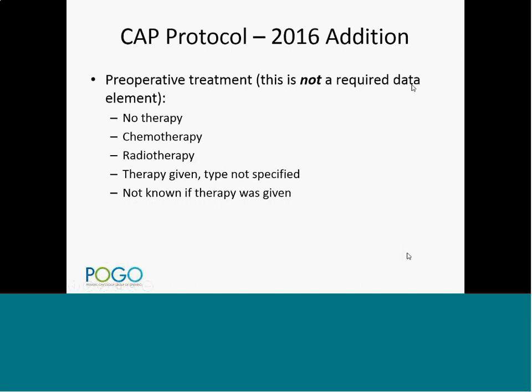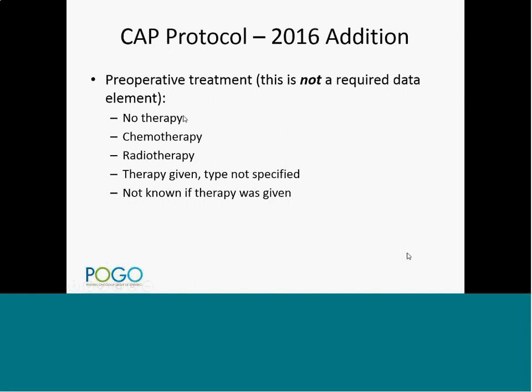So, additions that have been put in place: we've gotten to the end of the 2011 criteria for inclusion when we were reporting a rhabdomyosarcoma. The 2016 protocol has several new categories that I just want to briefly touch upon.